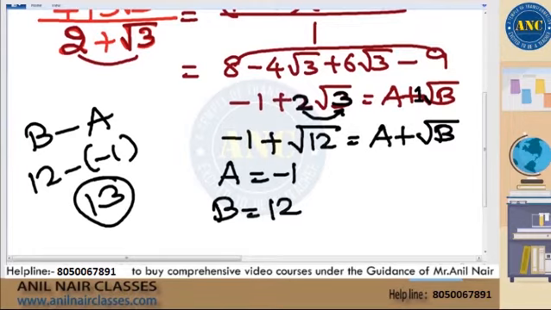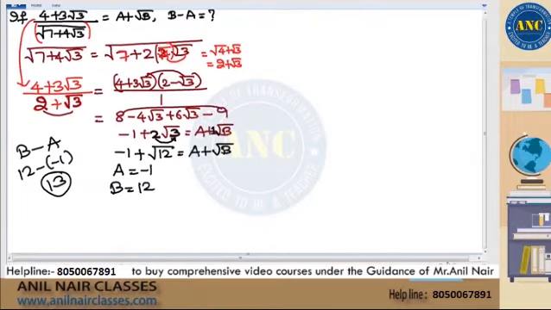Beautiful question, sir. A beautiful question wherein we are implementing the rationalizing method and also the method of finding the square root, which we solved in the last half an hour of our class. Answer for this question is 13.